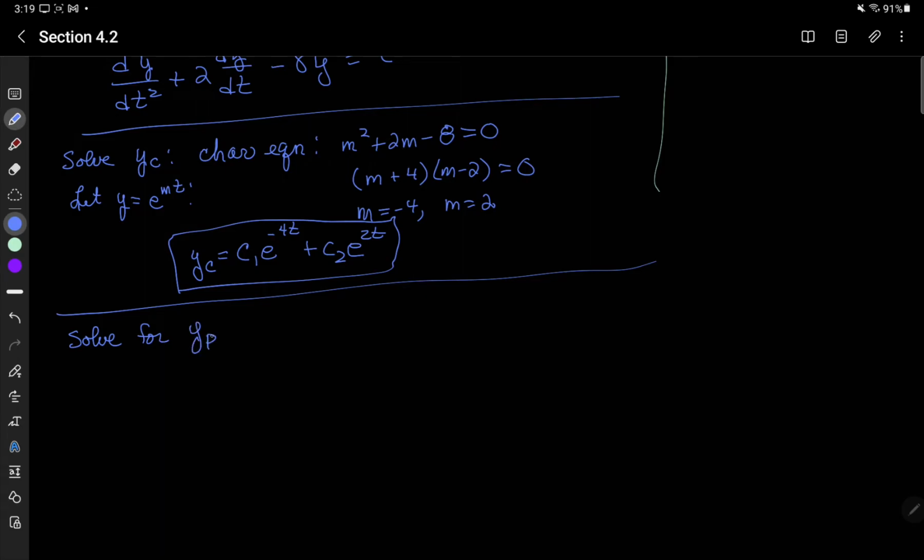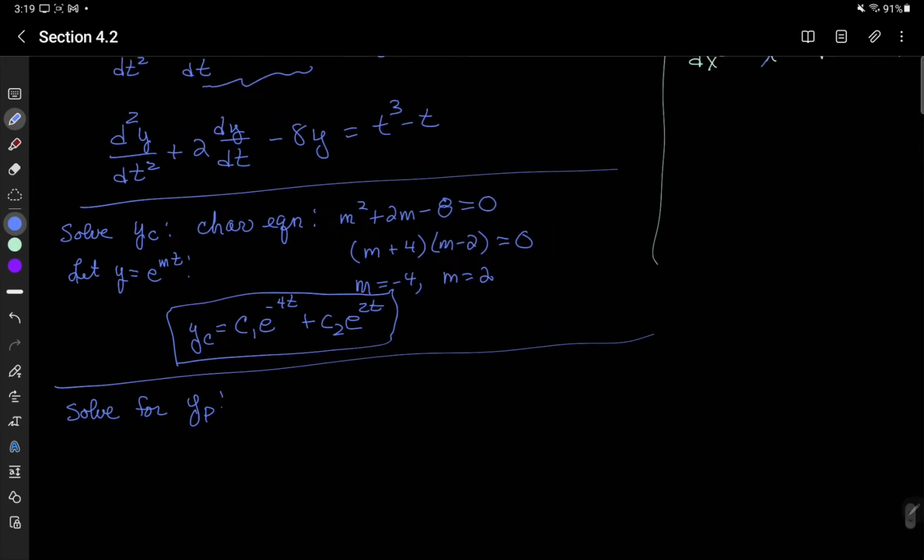And now we'll find our particular solution. And the particular solution, our first guess, should contain t to the third, which is just polynomial. So it'd be a t to the third plus b t squared plus ct plus d. And notice that you don't have polynomial terms in your complementary solution.